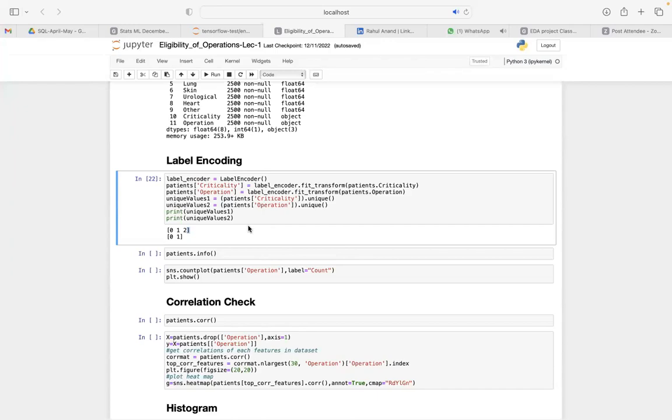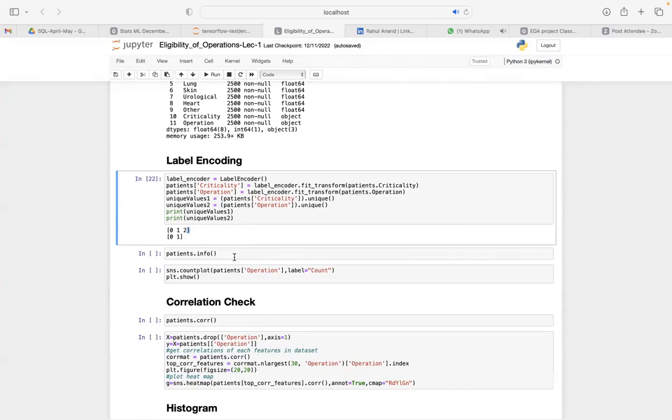But Rahul, label encoding we do for our target column, right? Label encoding you always do for your target column, if it's a binary target variable. If it is not binary, if it's multinomial, then in that case you can avoid label encoding and do one hot encoding as well.